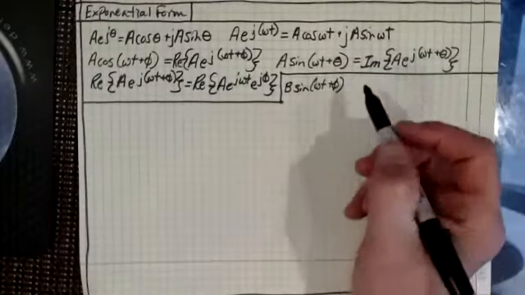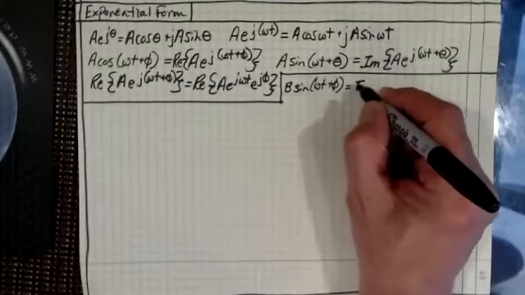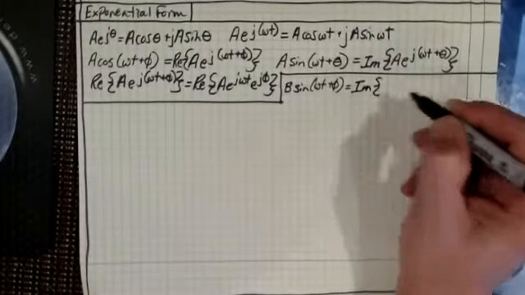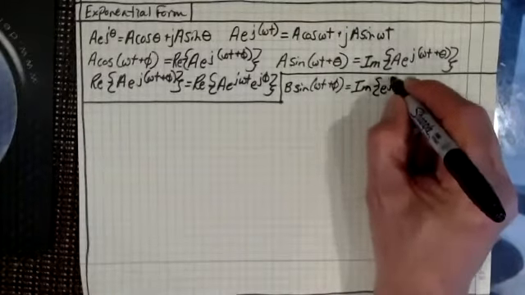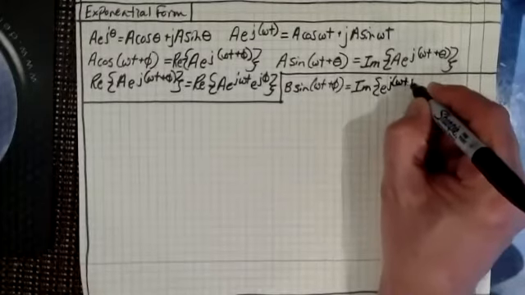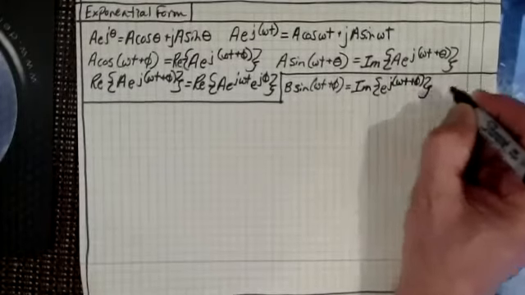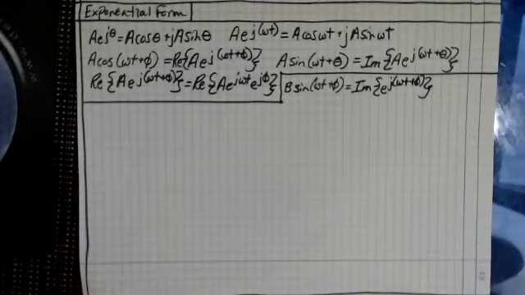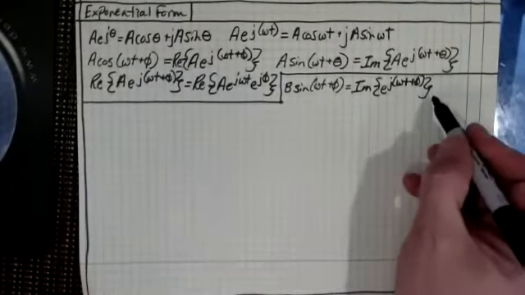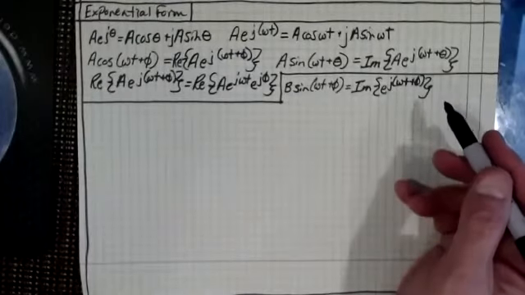And I wanted to change that because right now I can see that that is going to be the imaginary part of e to the j omega t plus phi, right? Now when you're working through problems, you can't add the imaginary to the real. You can add the imaginary to the imaginary, and the real to the real. So you have to come up with a way that's going to allow you to switch from imaginary to real. And you can see that this right now is in the imaginary form. So how do I switch that?